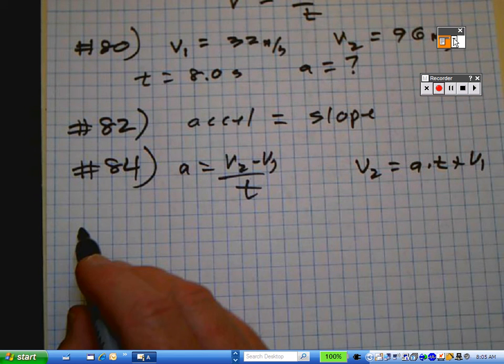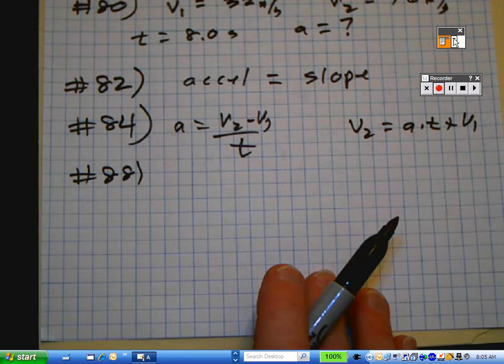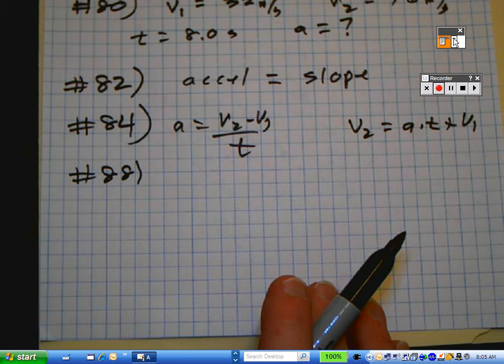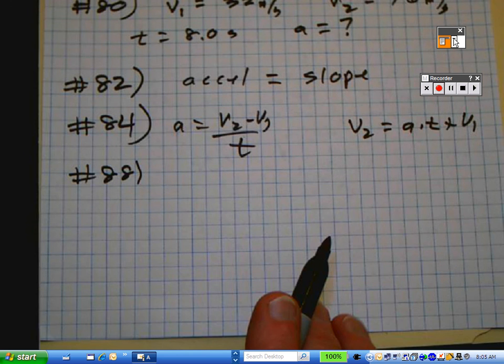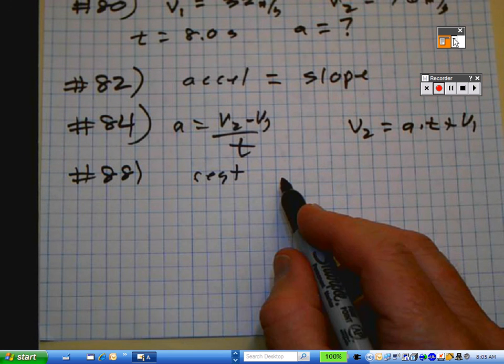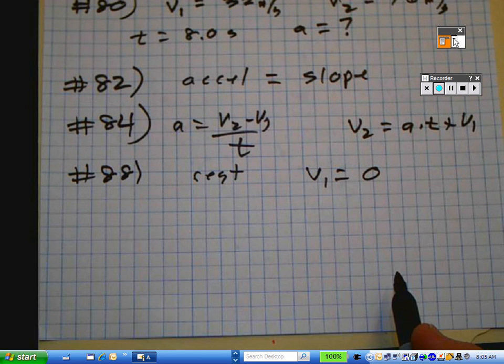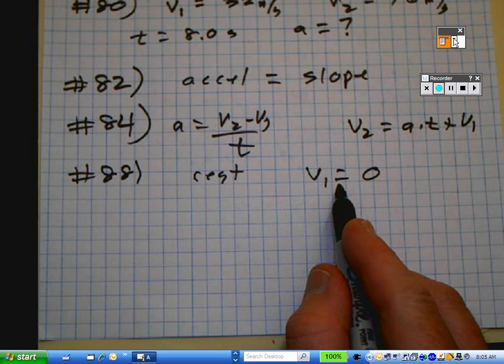Skip ahead now to number 88, and let me give you a couple of hints about this one. This time the dragster is starting from rest. When they say starting from rest, it is assumed then that you will record this as V1 equals 0. That's a huge piece of information because you can't solve the problem unless you have this as a known.